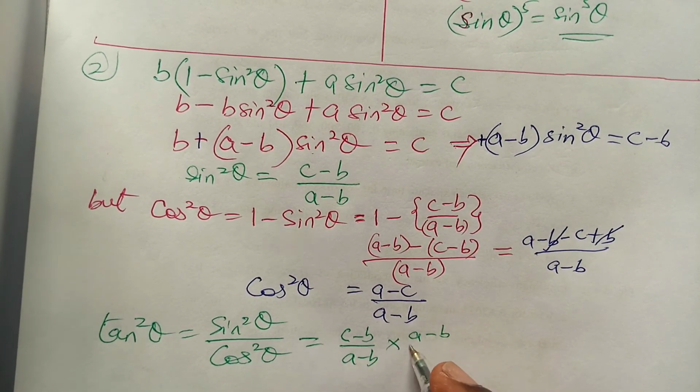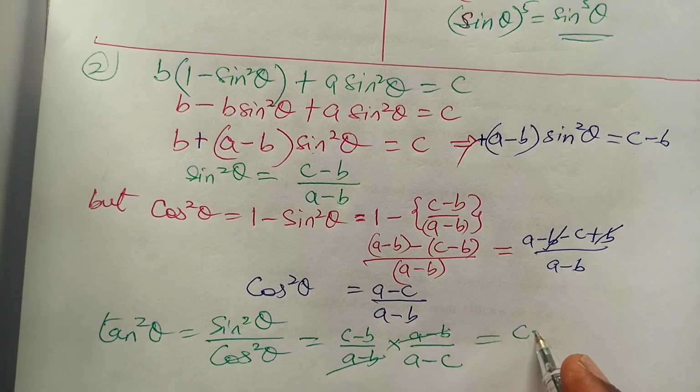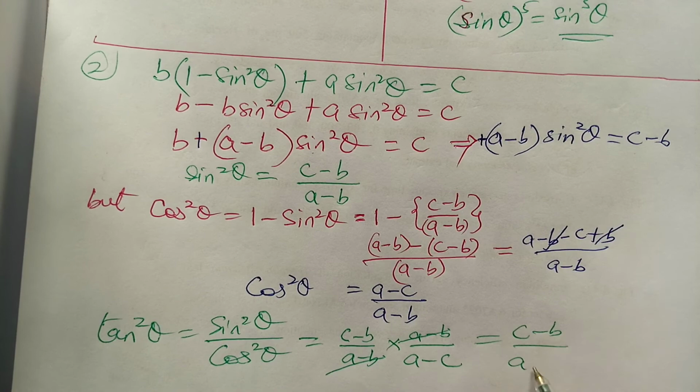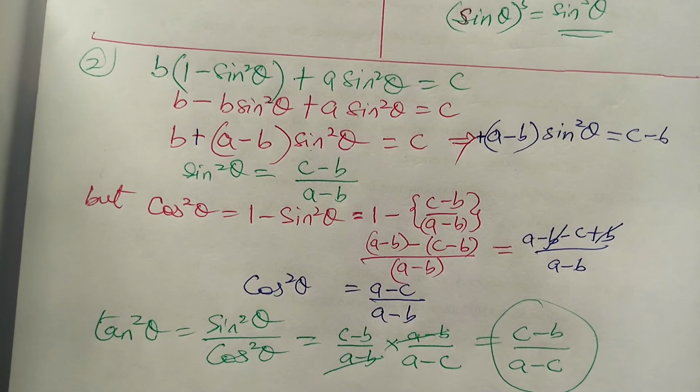Dividing means multiplying by the reciprocal, so a minus b cancels, and you're left with c minus b over a minus c. And that is the answer.